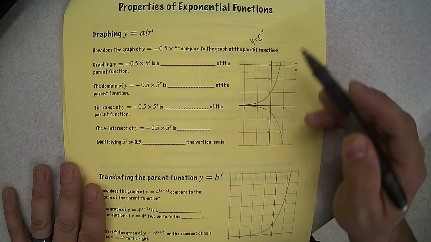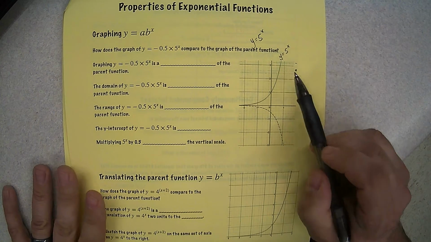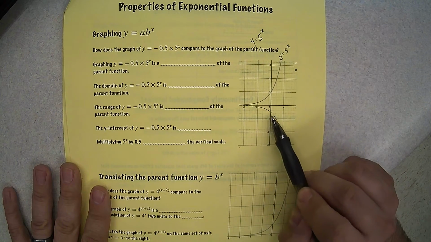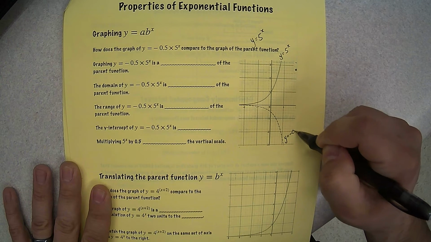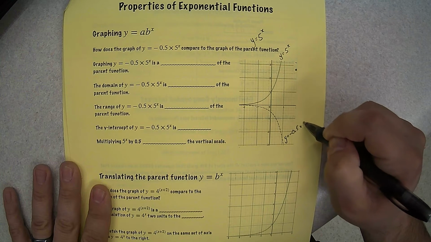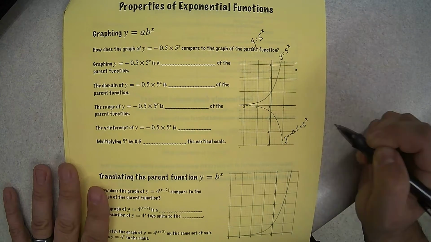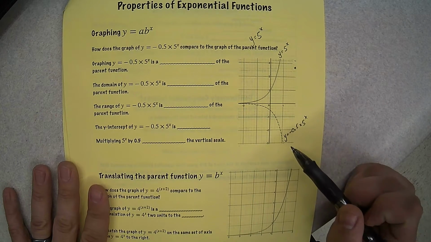This right here is our graph of y equals 5 to the x, so we can compare this, and this is our new graph, y equals negative 0.5 times 5 to the x. So we can compare this dotted line to this line right here.